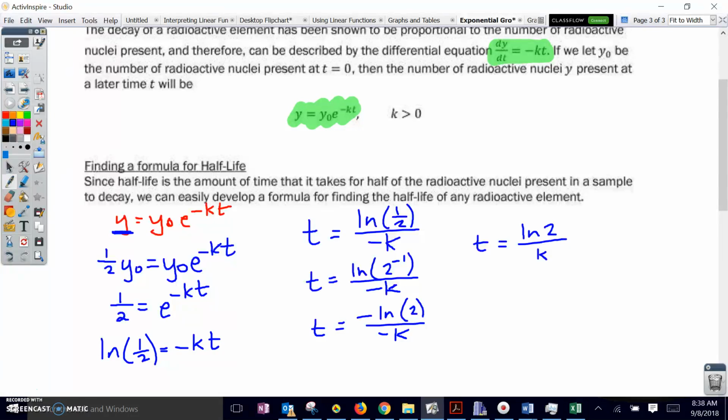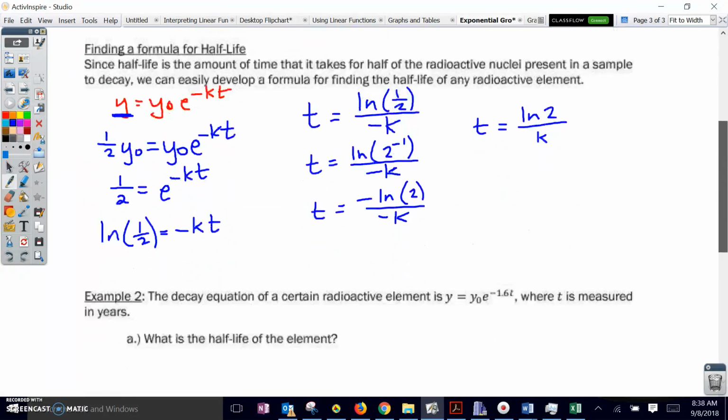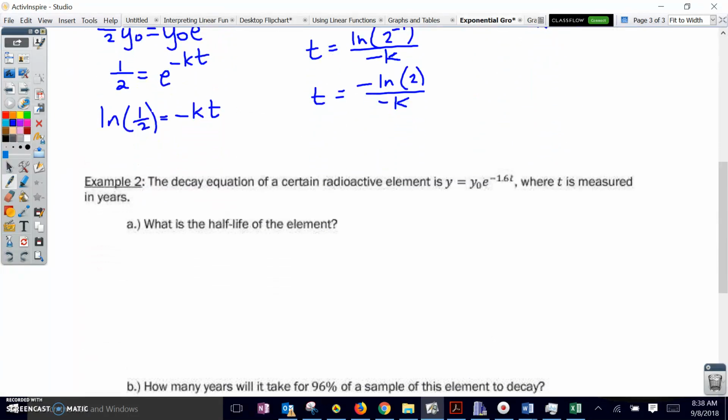Alright, let's look at a couple of examples here based on radioactive decay. Example 2, the decay equation of a certain radioactive element is y equals y sub 0 e to the negative 1.6t, where t is measured in years. What is the half-life of the element? So I can go ahead and use this formula up here if I want to, or I can just derive the formula for this particular constant. You know what, let's save ourselves some time.